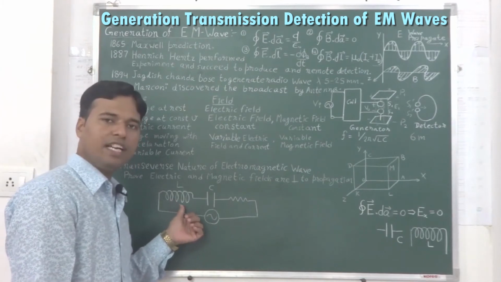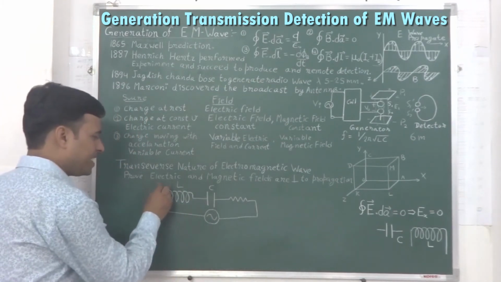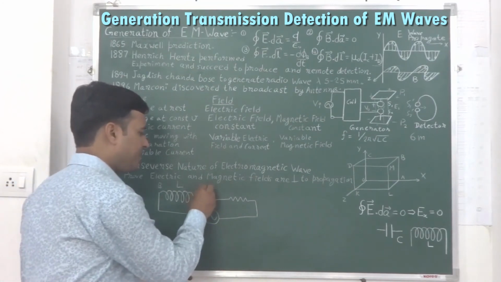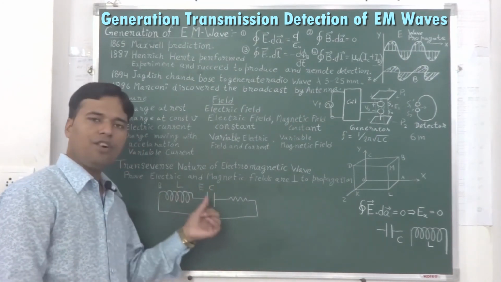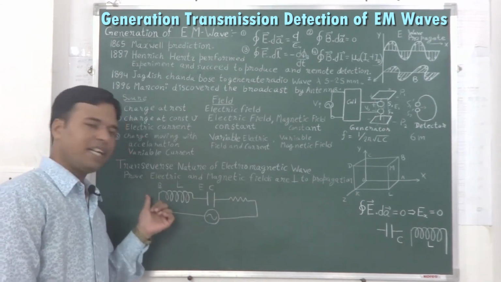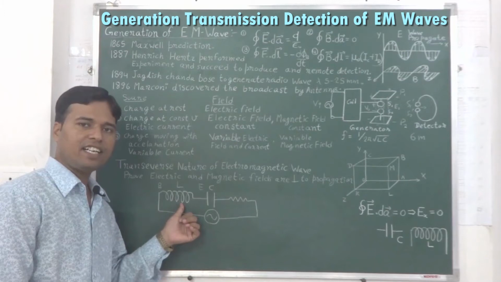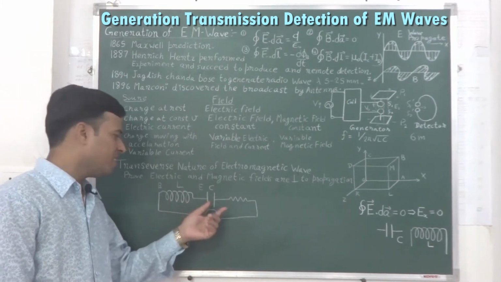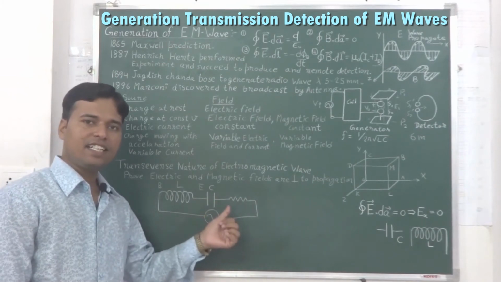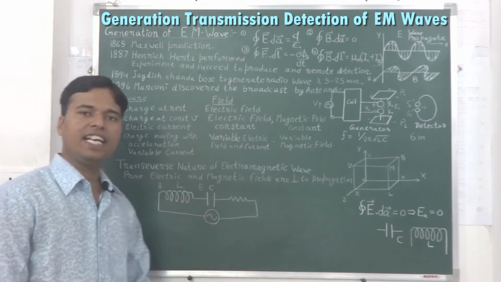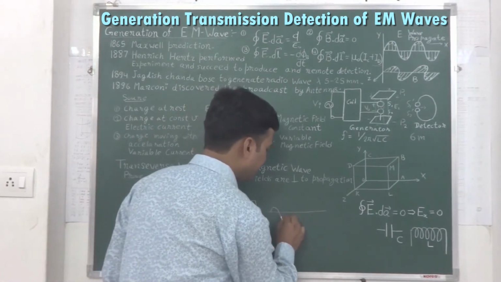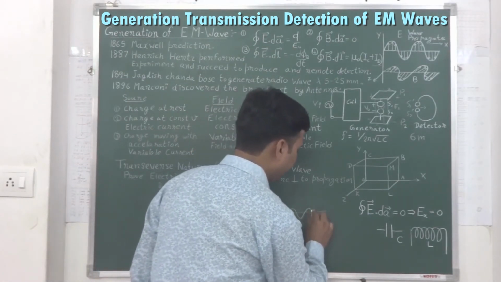This induction coil can generate a magnetic field. This capacitor can generate an electric field. The value of the electric field in capacitor and magnetic field in the inductor is not constant with time. These are varying with time, and this can generate a time varying electromagnetic field. It will generate an electromagnetic wave.